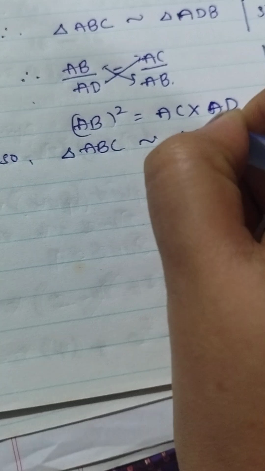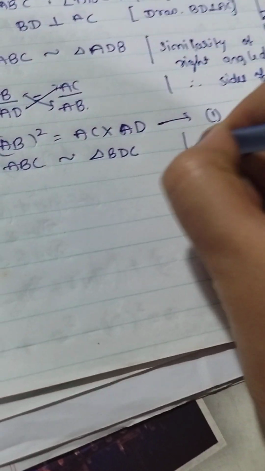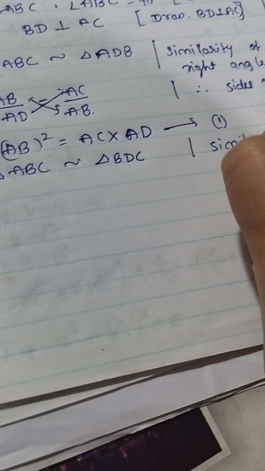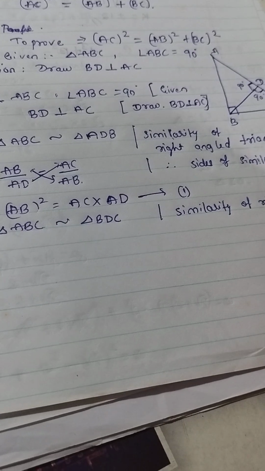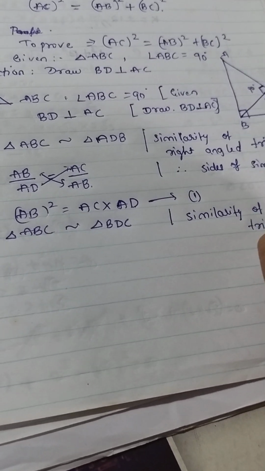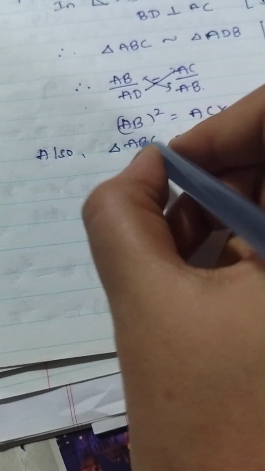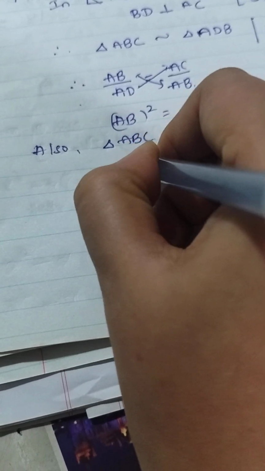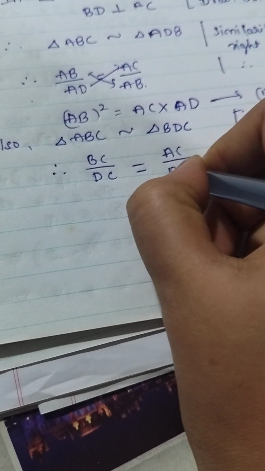triangle ABC is similar to triangle BDC. This is also because of similarity of right angle triangles. Correct. So here also BC by DC is equal to AC by BC.